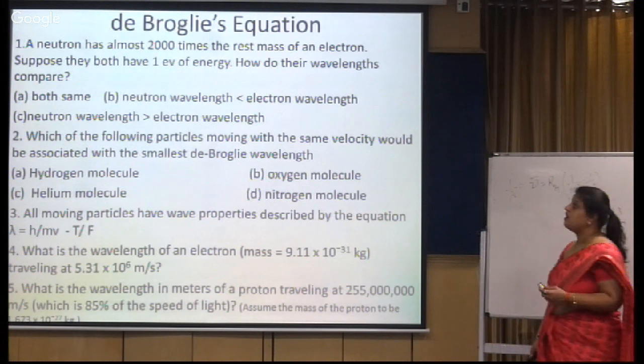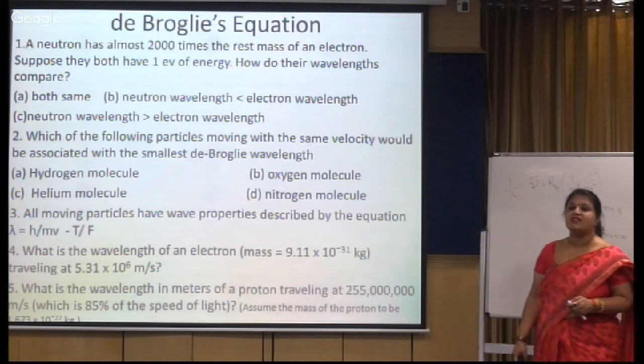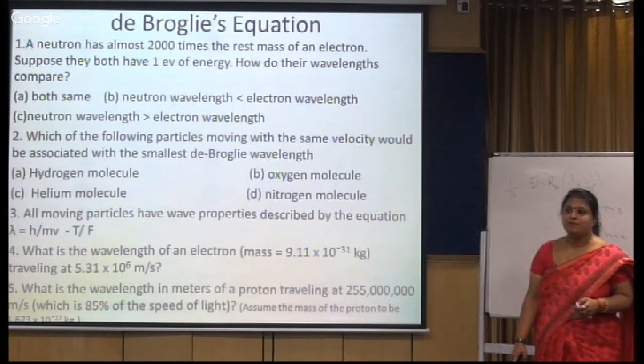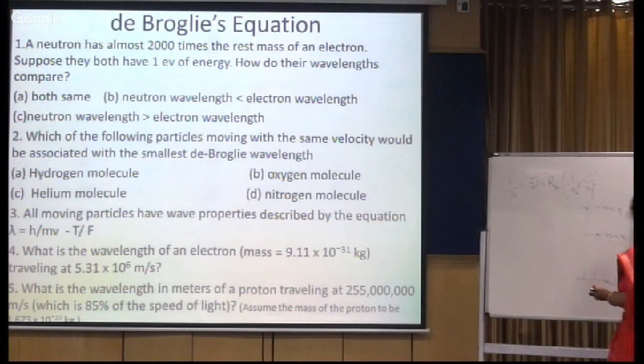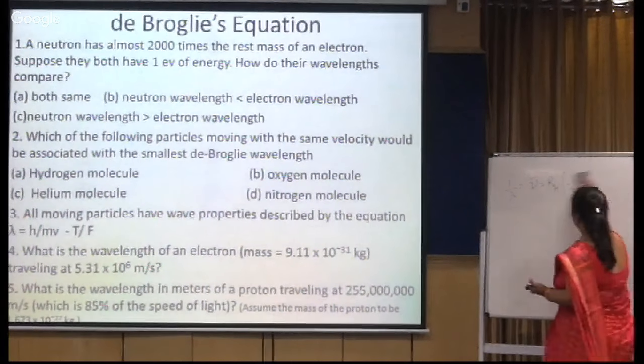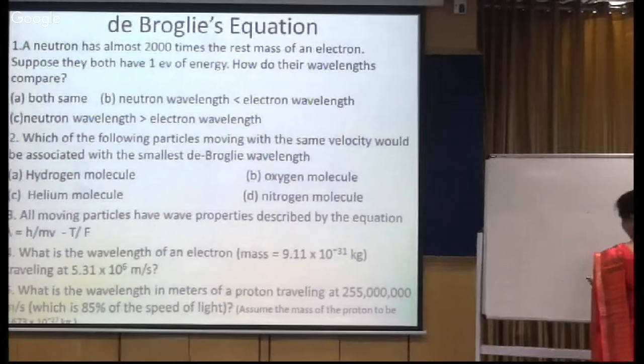A neutron has almost 2000 times the rest mass of an electron. Suppose both of them have an energy of 1 electron volt. How do their wavelengths compare? What is the de Broglie relationship?